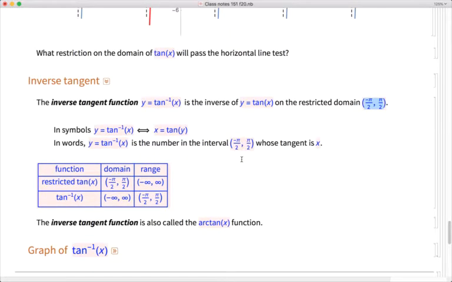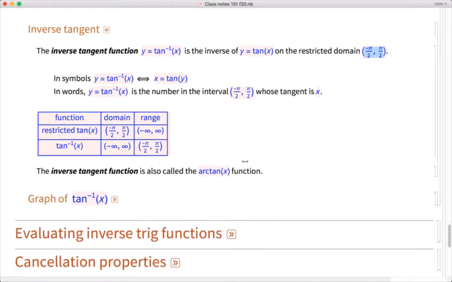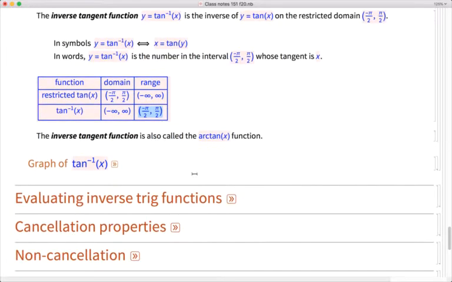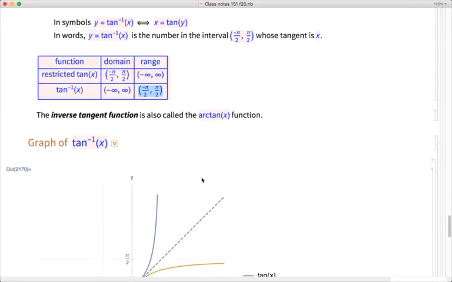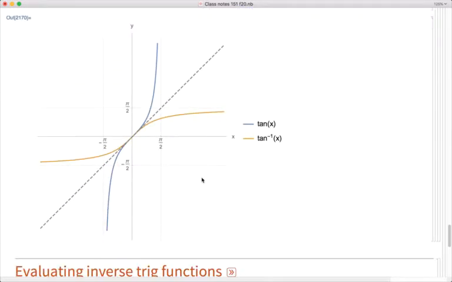We'll do some computation soon. Again, the switch around here: the important thing to keep in mind is that the inverse tangent is always going to be some number in the interval from minus pi over 2 to pi over 2, also called the arctan.